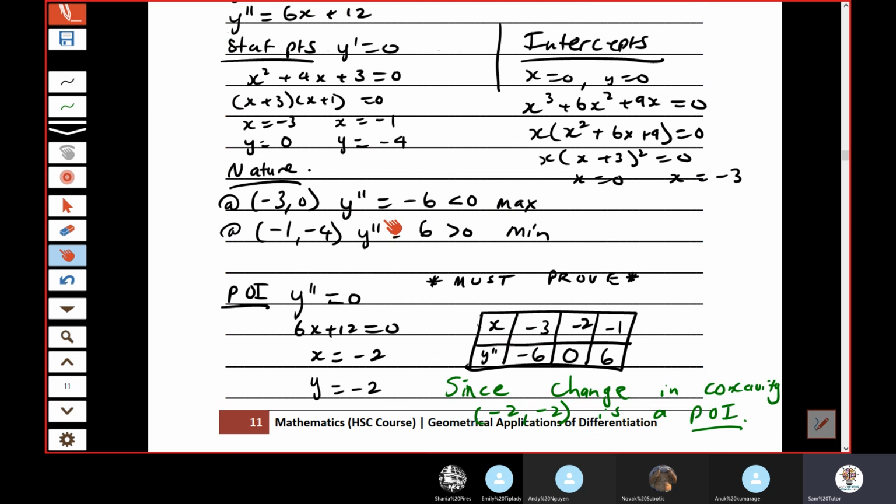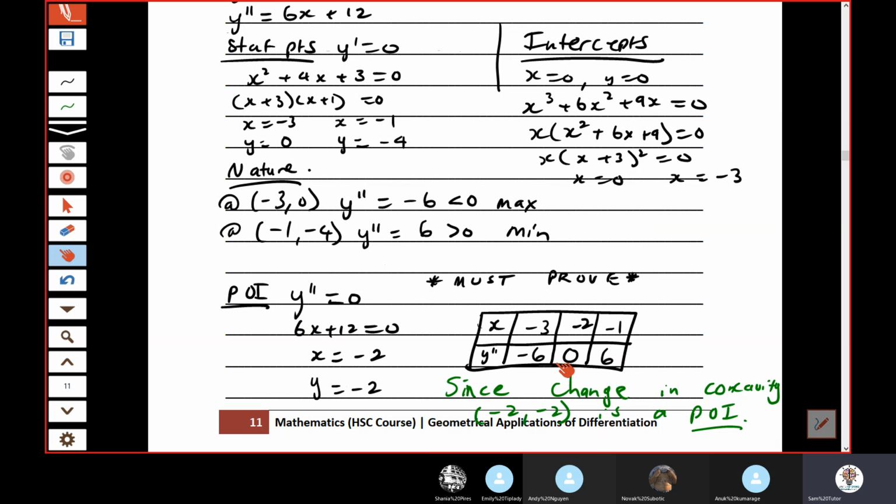If you ever get, remember the question before where we got equal to 0? If you get that, at this stage you will just be writing possible point of inflection. Then you're going to be doing what? Point of inflections, Y double dash equals 0. If you've got the same point, which it should be, you're going to prove it. If it works, then you would say it's a horizontal point of inflection.